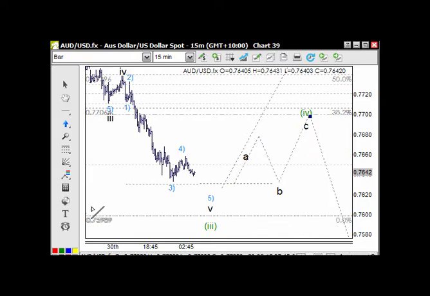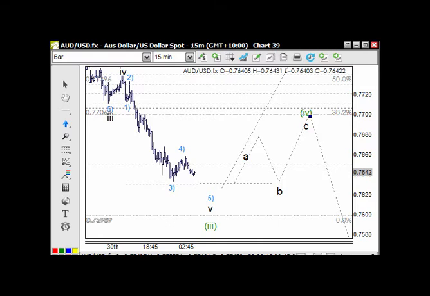I won't be able to work it out until we see this pattern around this area matured somewhat. There's nothing I can really say or do about that. So you just got to be careful that you're not going to get chopped up in this wave 4 here. I suggest leaving this market for a session.